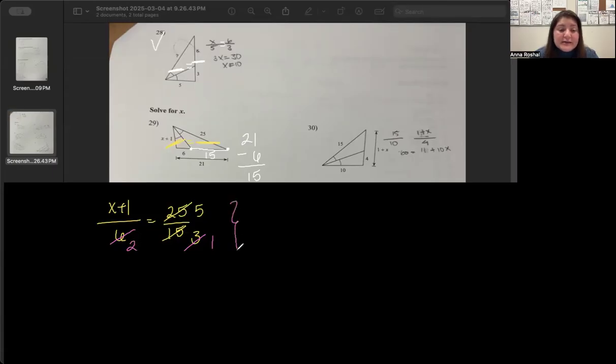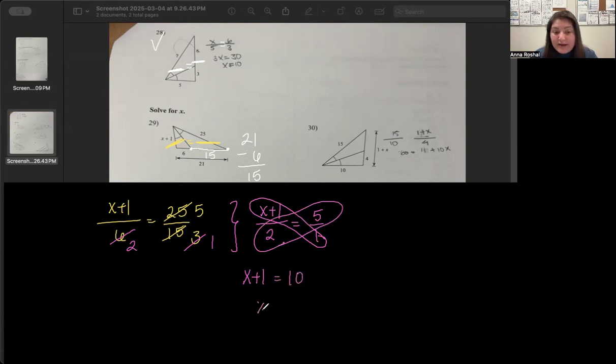So then my entire proportion is going to look like this. And then I have this x plus 1, right? So I'm going to cross multiply these and cross multiply these. So equals 10. Well, now I know that x is 9. And that's it. That's my final answer because I'm only solving for x.